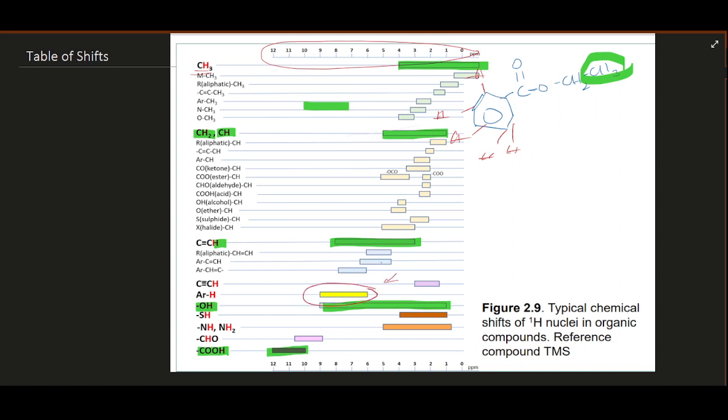So we can easily identify whether this proton is in the aromatic ring, or it is on the aliphatic carbon. So from the proton NMR spectrum, the advantage is that we can identify whether there is an aromatic ring or not.